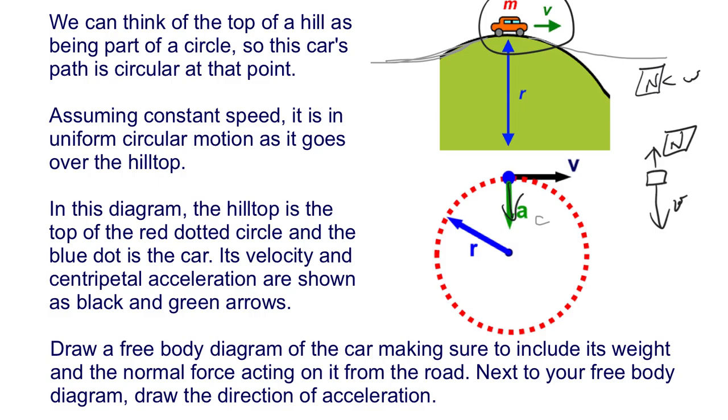I don't really draw that on my free body diagram, but I will. It's a different color. So the acceleration is downward, and actually that centrifugal acceleration is keeping it in the circle. The velocity is tangential, so I'll draw it like that, even though that's not really part of the free body diagram either. The black is the free body diagram. You just draw the forces, right?